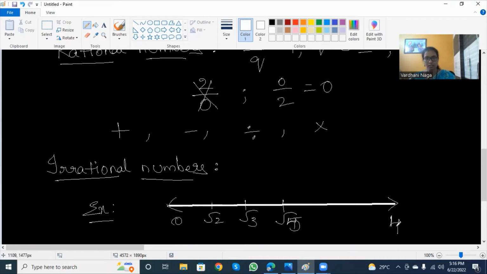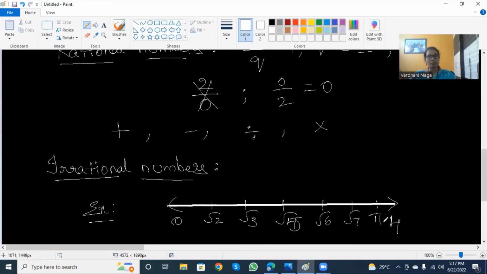If we represent 0 to 4, in between we have infinite irrational numbers: root 2, root 3, root 5, root 6, root 7, and also pi. So in between 0 and 4, infinite irrational numbers can be placed.